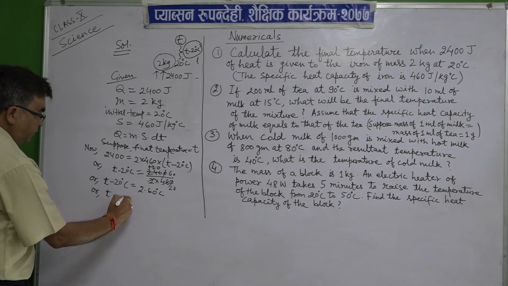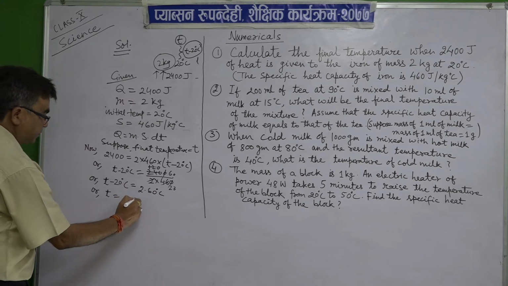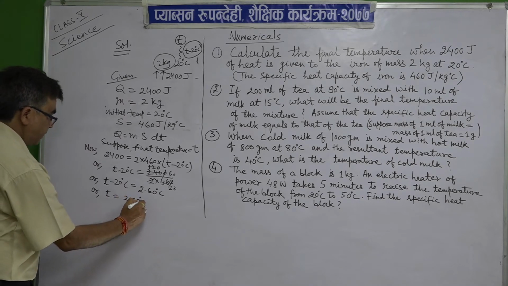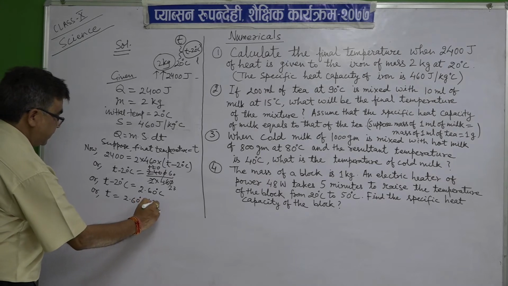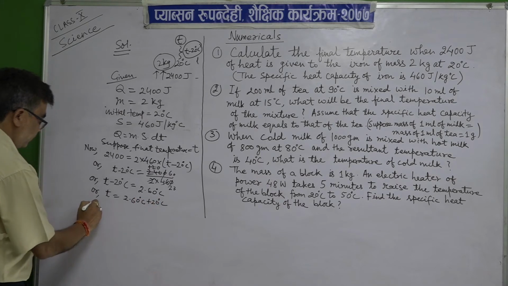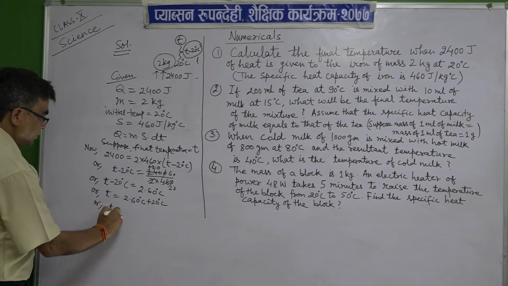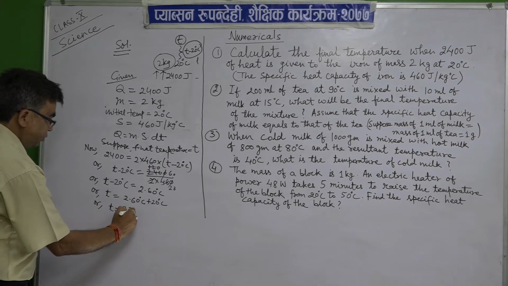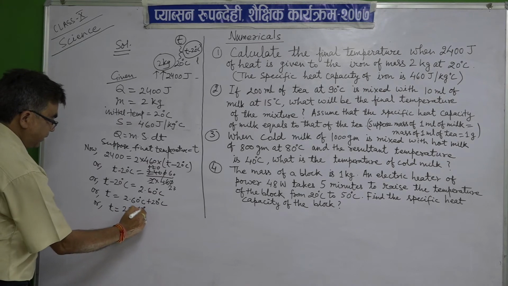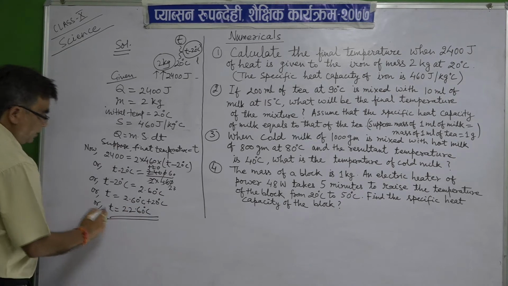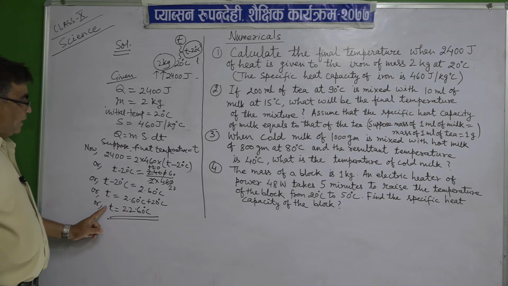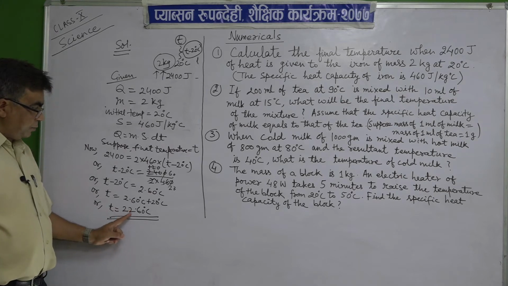So, 2.60 degree centigrade plus 20 degree centigrade, or T equals 22.60 degree centigrade. This is the final temperature T, 22.60.